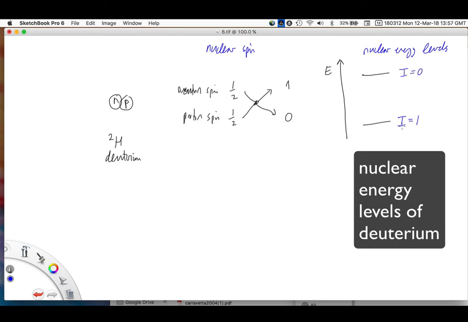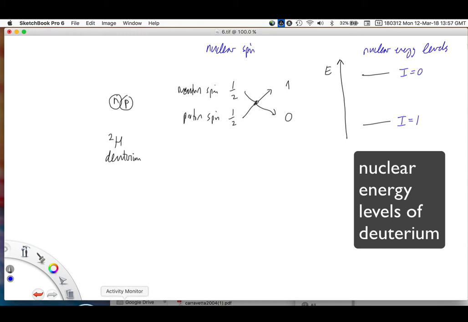It's not easy to decide the order of these energy levels. The coupling rules for angular momentum tell you that there are two levels with I equals 0 and I equals 1, but they don't tell you about the relative energies, which one is the ground state. That's something which nuclear physicists make theories about and can predict. But I'm going to treat that simply as an empirical fact. So for deuterium there are two nuclear energy levels, but since we're talking about nuclei here, the energies between these levels are extremely high.